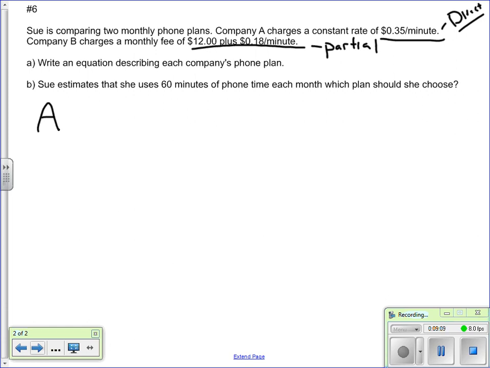Company A, where y is always equal to my cost, and x in this case, what I can change is the length of time that I spend on the phone, so that's my minutes. And remember that I showed you on the last example that this number here is my slope. We can always calculate that out if we wanted to, but that's my rate, 35 cents per minute.